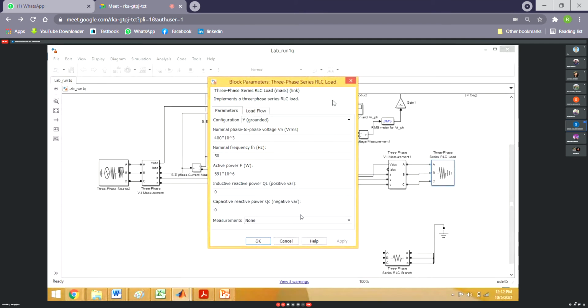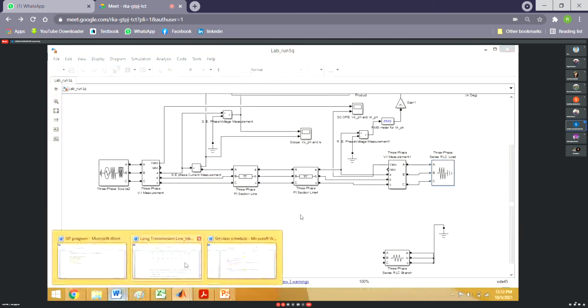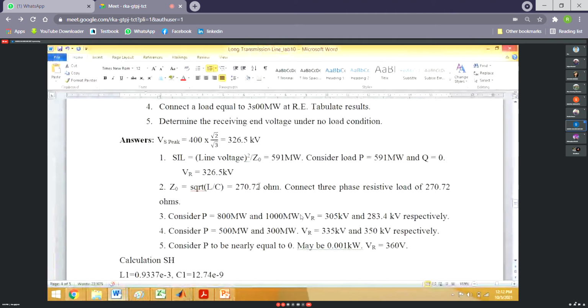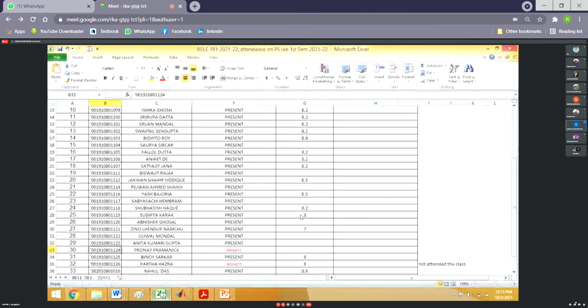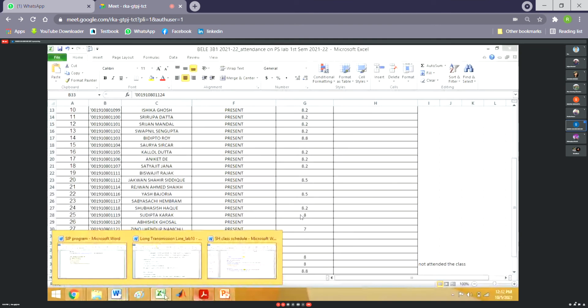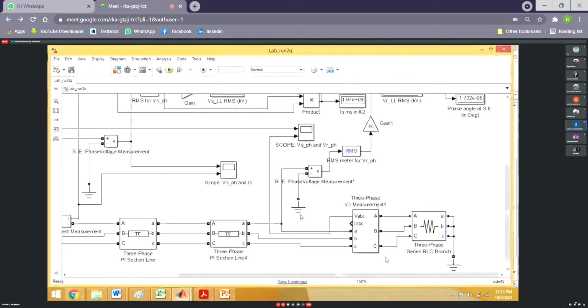Understood? It was 591 or 592, 591. Next is save. So if we run it, I have already run it. Now, what is the first column? You tell me. What is the first reading we have to take?